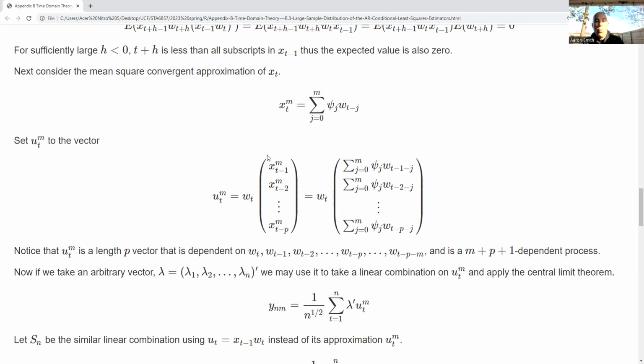I'm going to say that u sub t exponent m is the vector that I get when I take the m data points approximation of x of t minus 1, the m data points approximation of t minus 2 in time, and so on all the way down, multiplied by that white noise term.